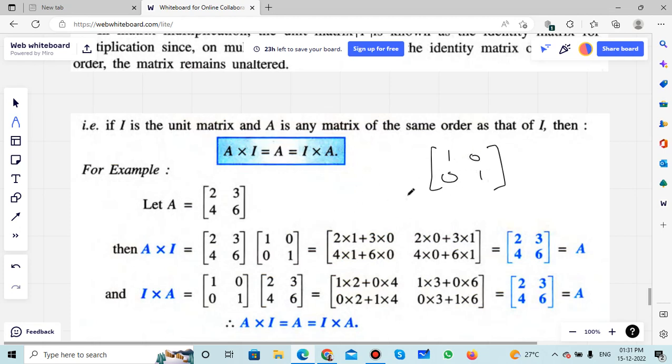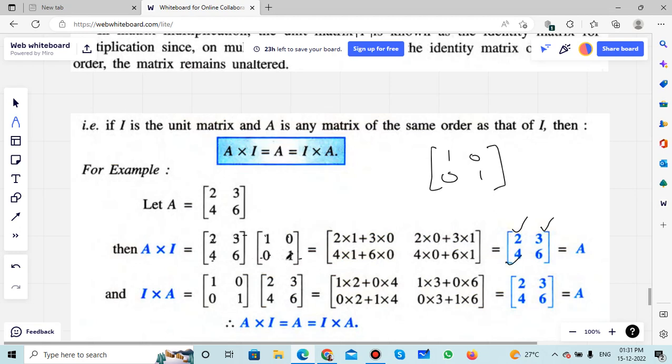So if we multiply, see what will happen. 2 into 1, 2, and 3 into 0, 0. So 2 plus 0 is what? 2. Then 2 into 0, 0, and 3 into 1, 3. 0 plus 3 is 3. Then 4 into 1, 4, and 6 into 0, 0. So 4.